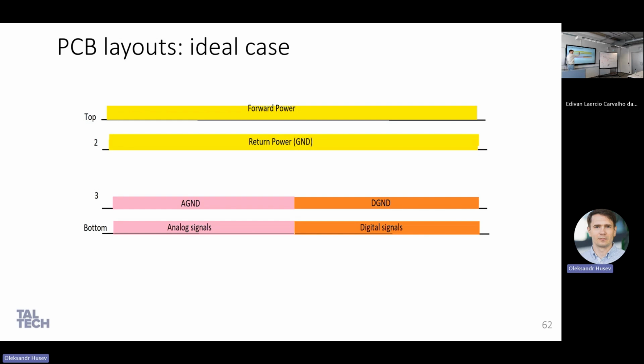It's very good to locate power layers close to each other, but it can be vice versa. First and second, or third and fourth, it doesn't matter. Also, you can have limitations in terms of copper thickness. If you have to design 35 micron here, internal 35, you can use the second option also.